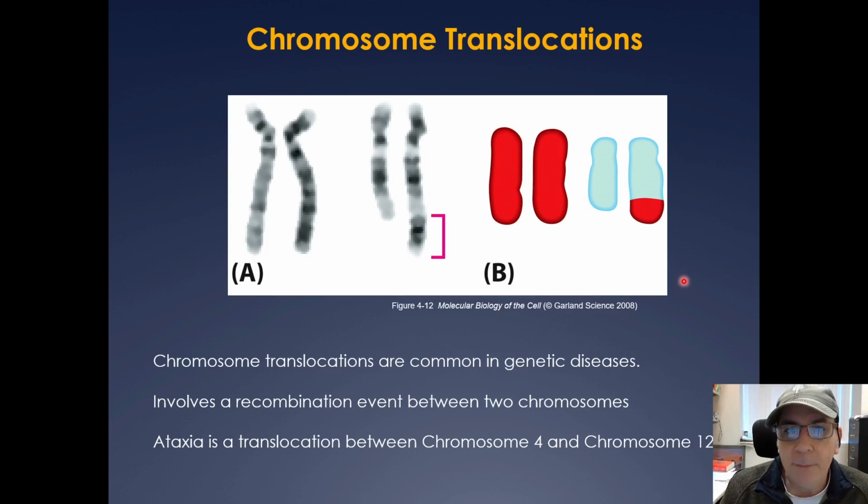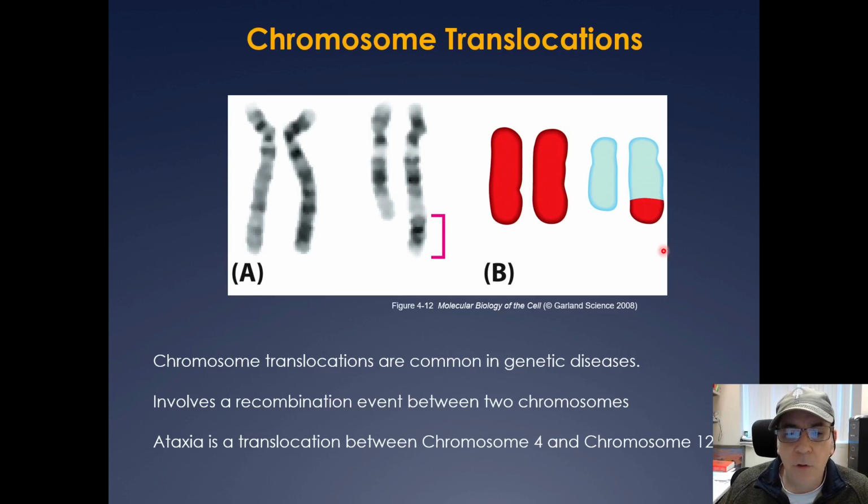So one of the things that can happen with chromosomes is you can get chromosome translocations. Okay, so here's just a normal chromosome over here, and occasionally what you can get is a translocation where a part of one chromosome gets added to a different chromosome.